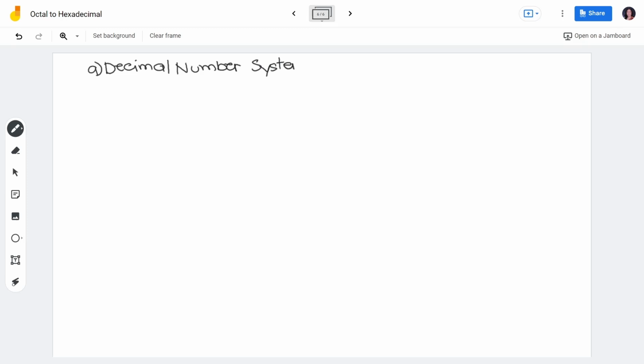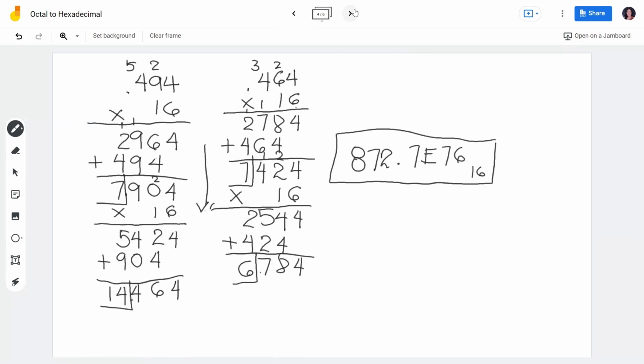Okay. So we have 4173.62 base 8. Wait, let's see the example. Oh, I've already provided that.